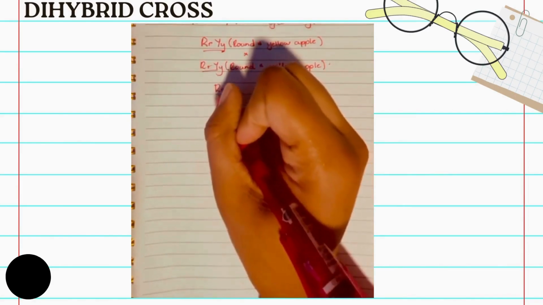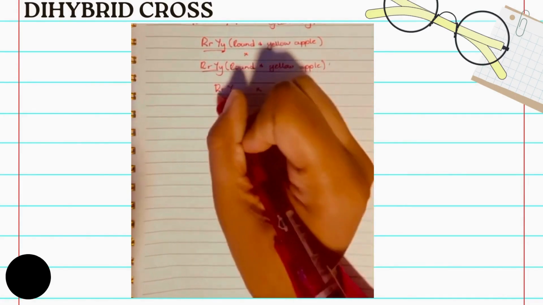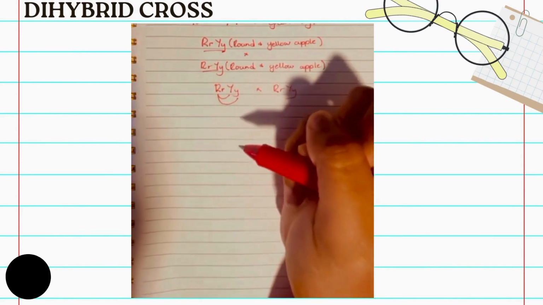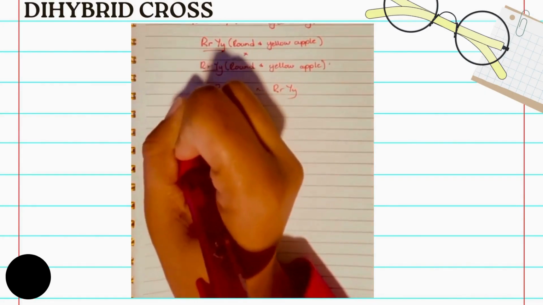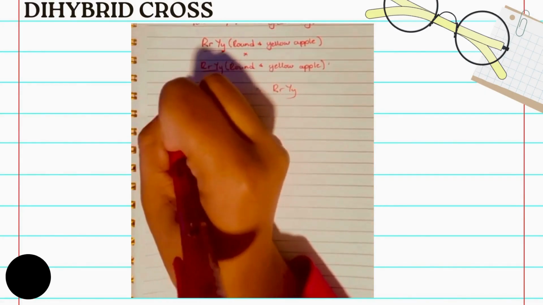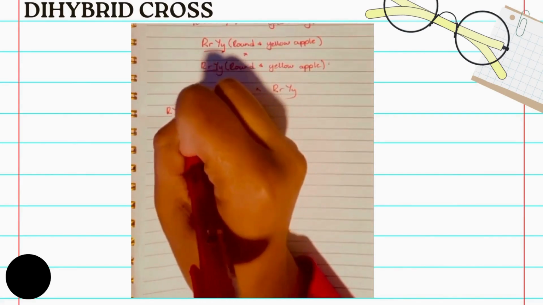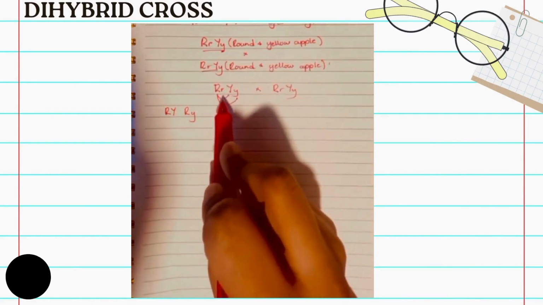So the alleles need to pair. You take R and pair it with the capital letter Y, and also with the small letter y. You write that down: R with capital Y, and R with small y.